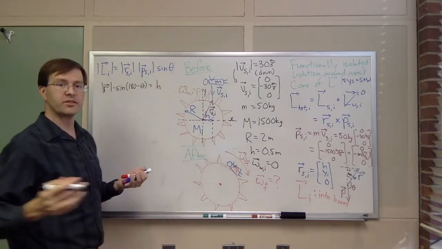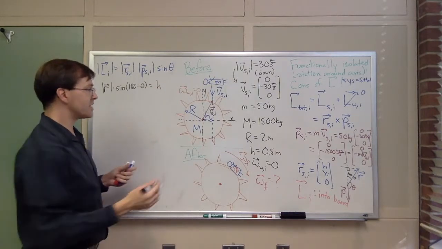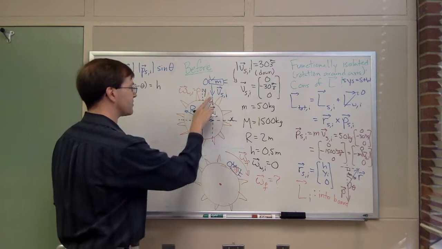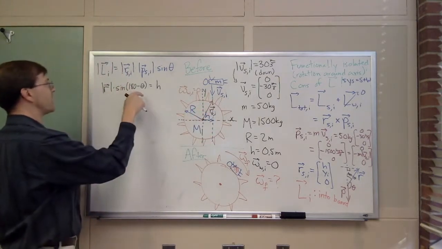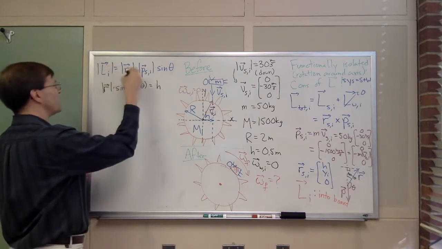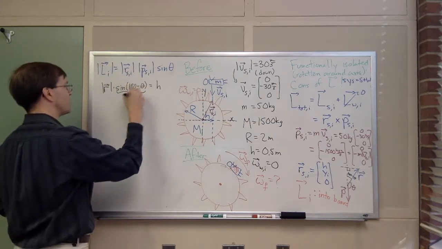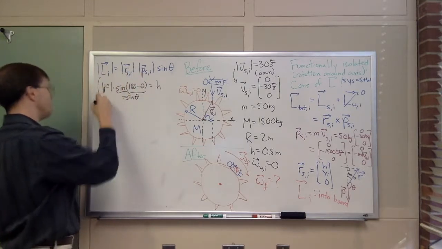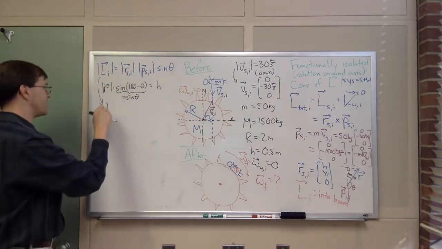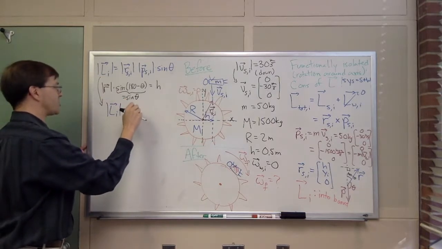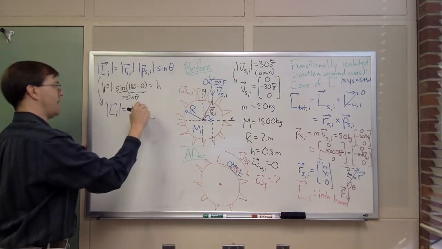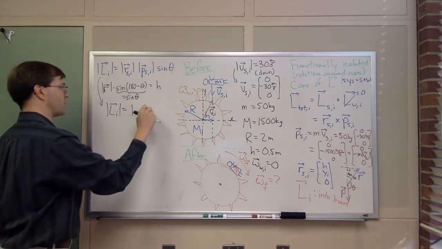A lot of books talk about this: it's how much of the radius vector is perpendicular to the momentum, that part, r sine theta. And so in this equation, where that equals sine of theta, I can write that the magnitude of the initial angular momentum is going to be h times the magnitude of Saruman's momentum.